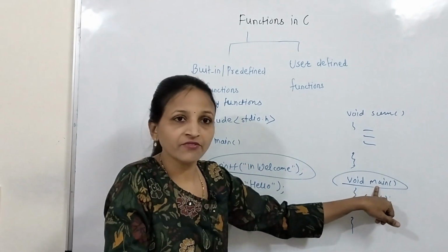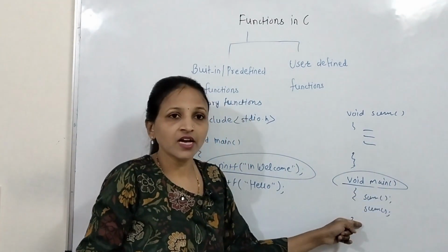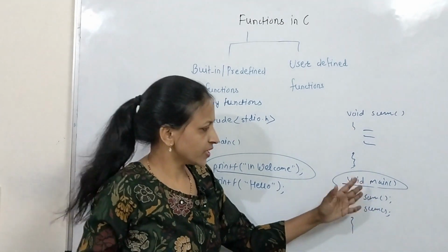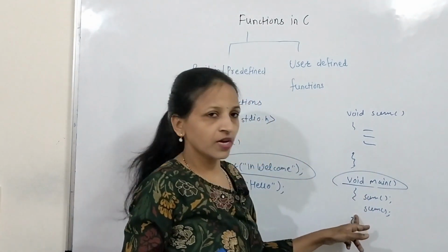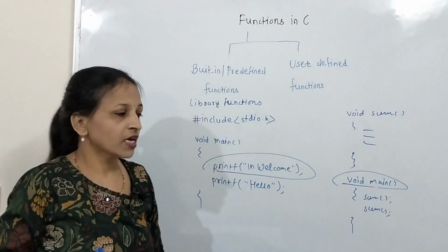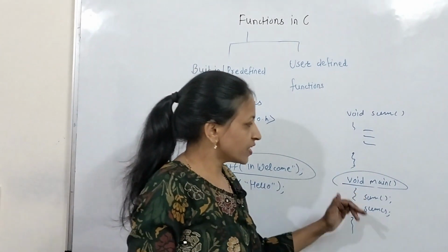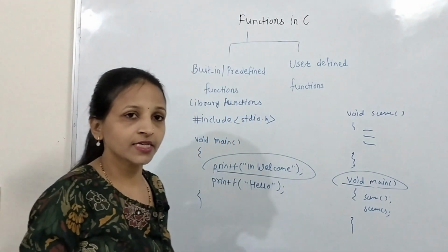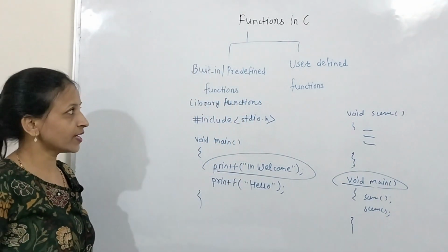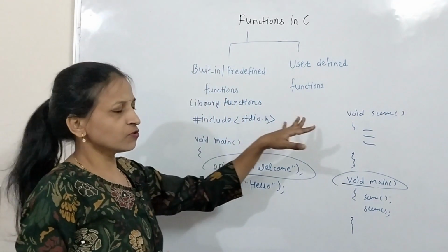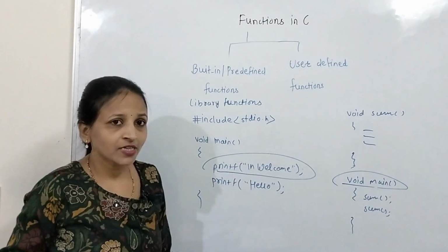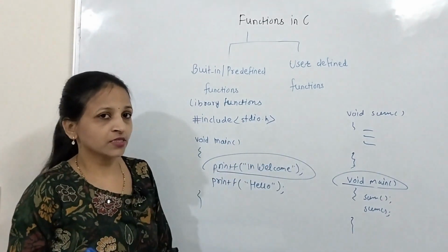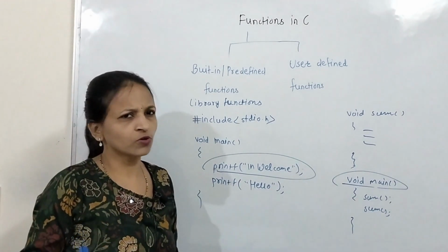It is declared by the language and we are just defining it as per our convenience, which means we can write code as per our need. In this main function we can write code, but it is already declared by the language, and it is neither predefined nor user defined. We cannot say definitely that it is a built-in function or a user defined function.